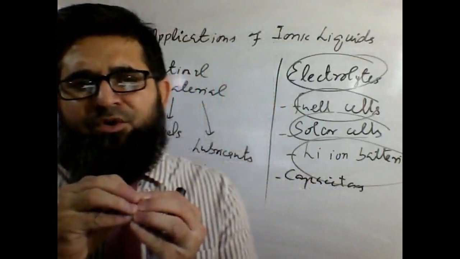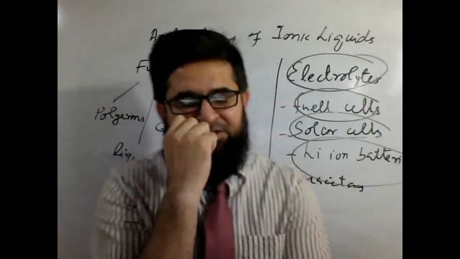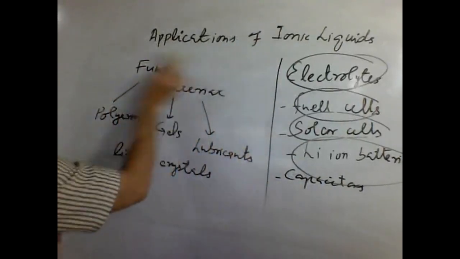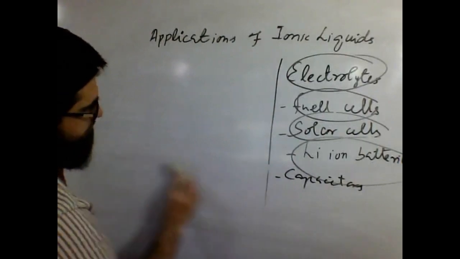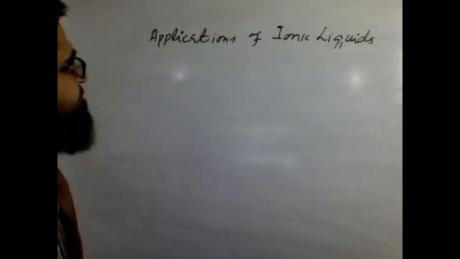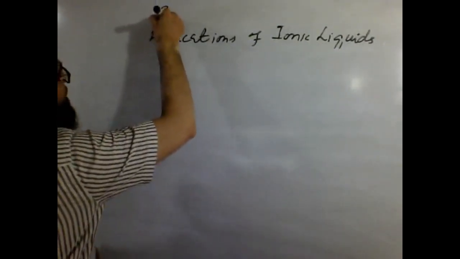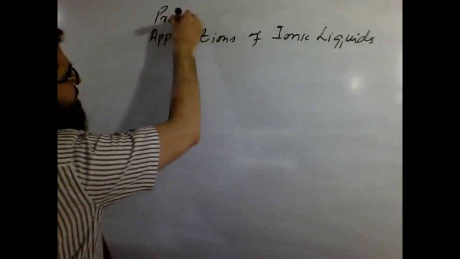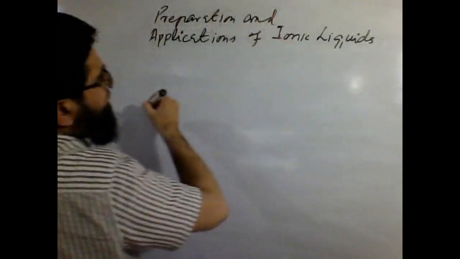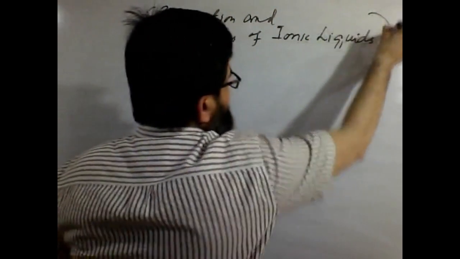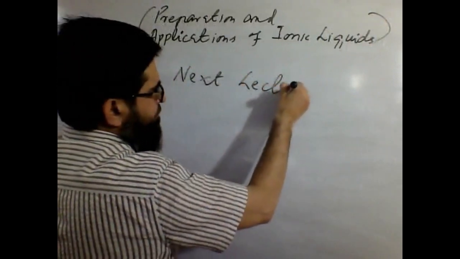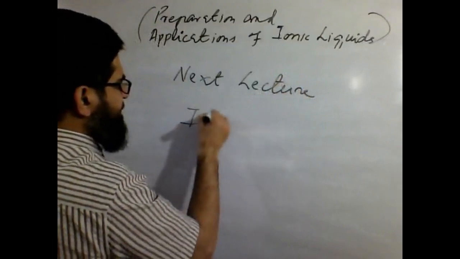So this is all about a brief overview about the ionic liquids, how they are produced, the chemistry of preparation of ionic liquids, and their application. I will discuss it inshallah in my next lecture.